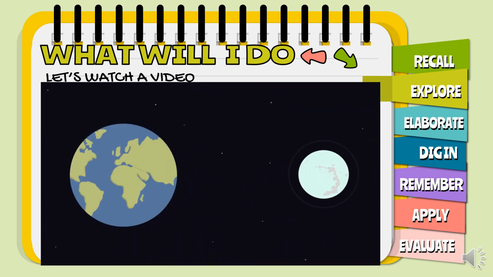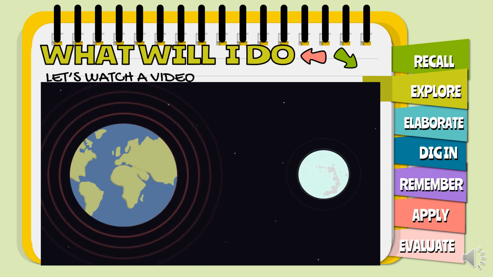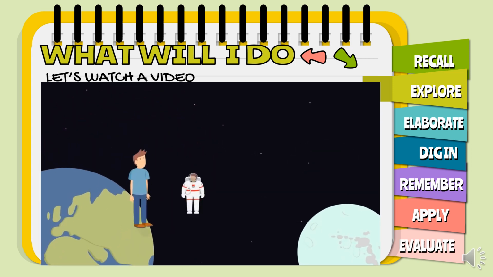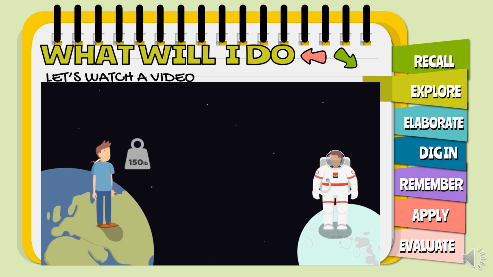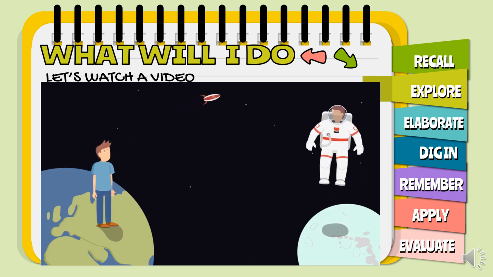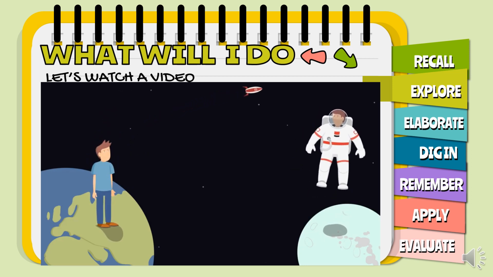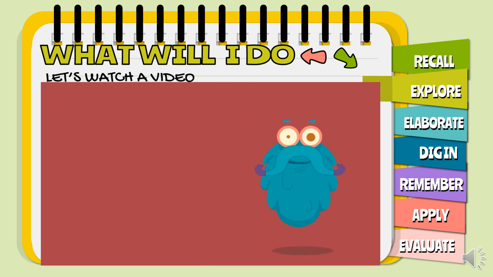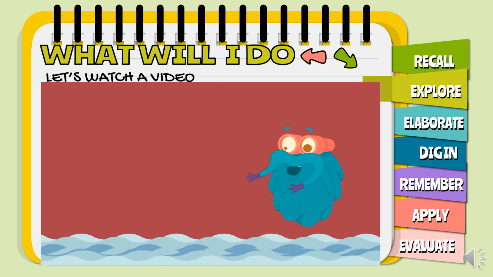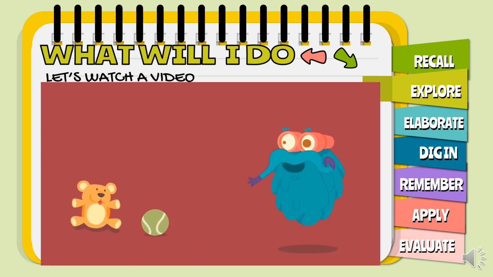The moon's gravitational pull is 1/6 of Earth's gravitational pull. A person weighing 150 pounds on Earth would weigh no more than 25 pounds on the moon. Imagine how far you could jump on these two places. So next time, when you see high tides and objects falling on the ground, you will know why that happens.